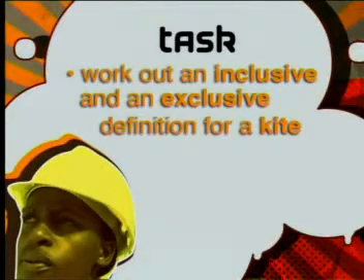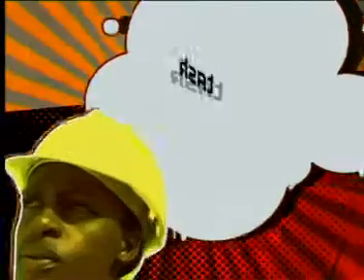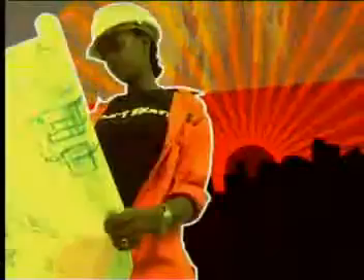As your task for today, please work out an inclusive and an exclusive definition for a kite. In the next lesson, we'll consider what a good definition is and see how good these two definitions are. To prepare for the next lesson, discuss the possible definitions for an isosceles trapezium and decide whether you think they are good definitions or not.